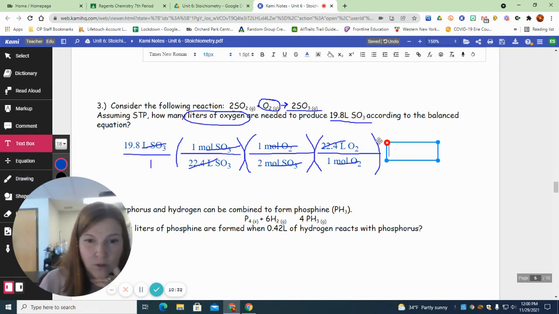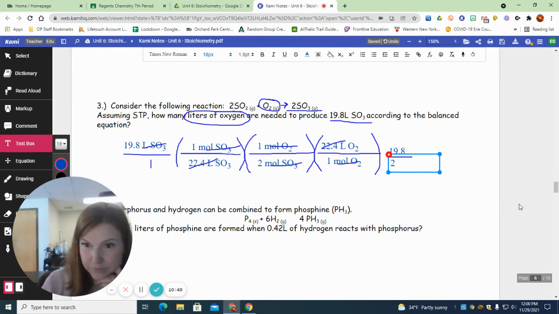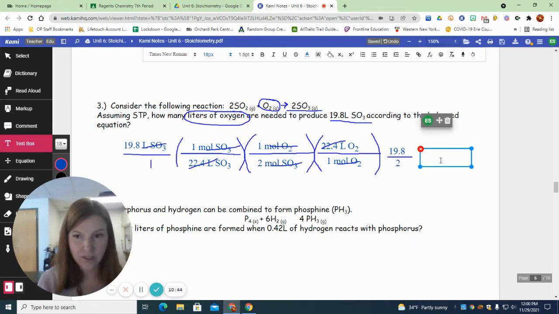So all I'm really doing is taking 19.8 and dividing it by 2. Rounding my final answer to 3 sig figs, I get 9.90 liters O2 as my answer.